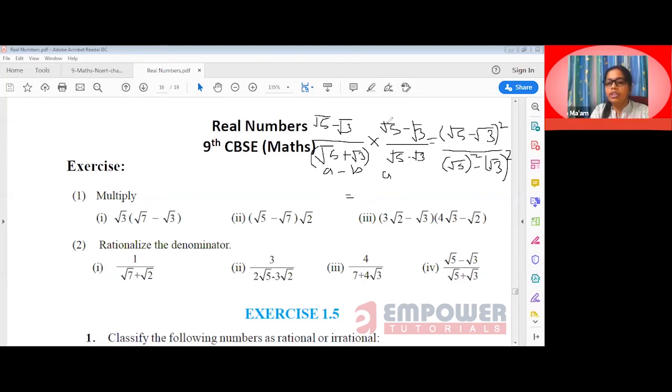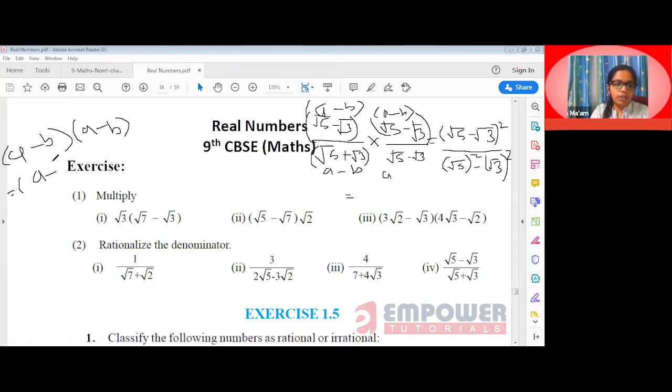No, see, what you are getting over here is a minus b in one bracket and a minus b in another bracket, right? So don't you feel this will be equal to, when you have two brackets like this, a minus b and a minus b, this will be equal to a minus b bracket square.